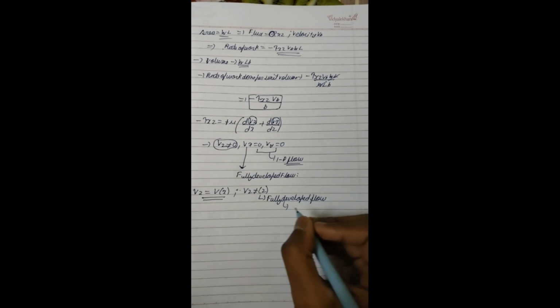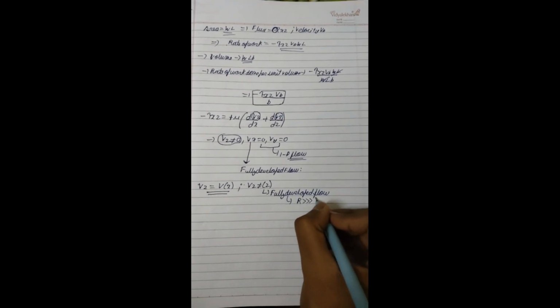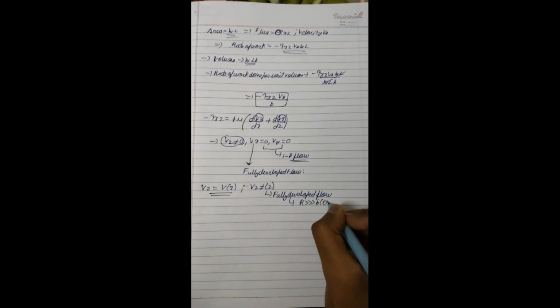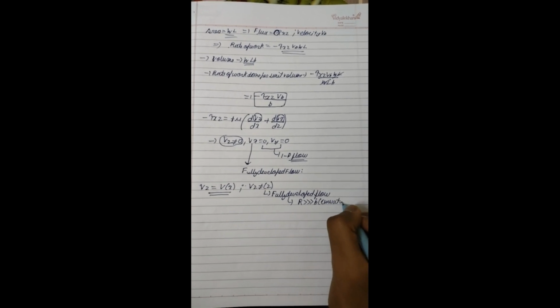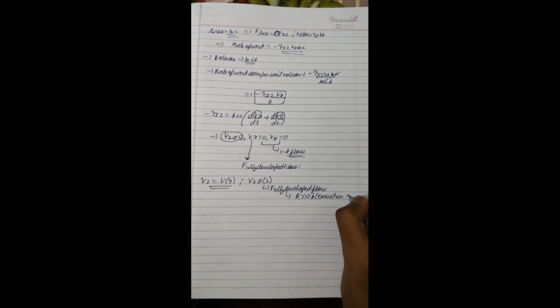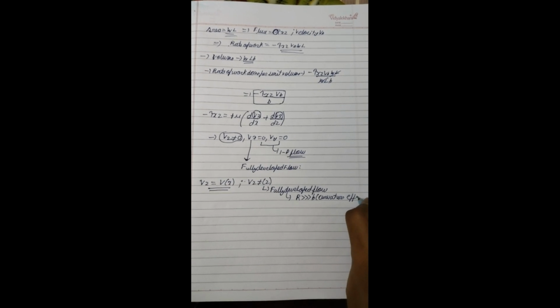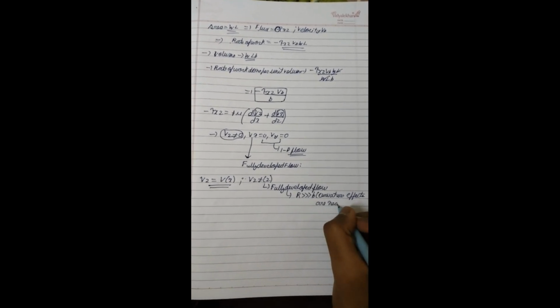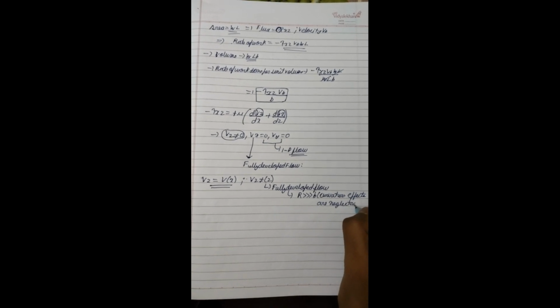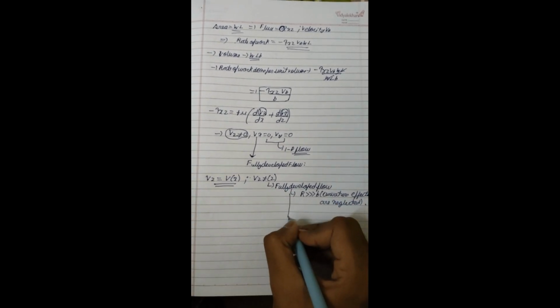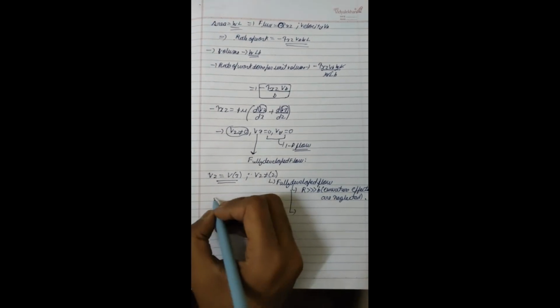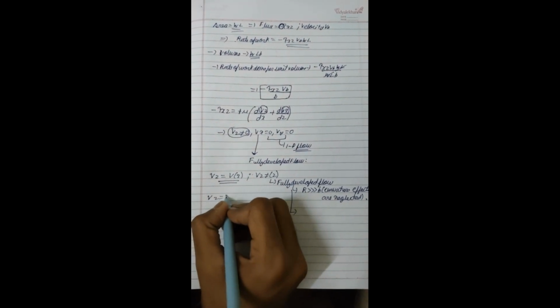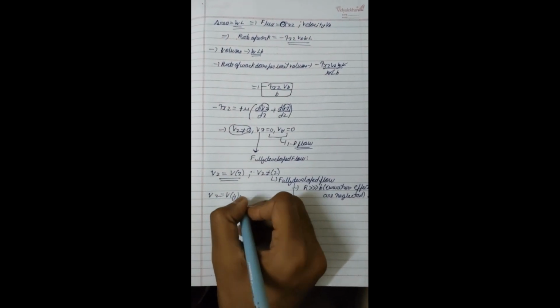Or you can say that R is very much greater than B, so curvature effects are neglected. And the next part is, why is Vz not changing in the Y direction?